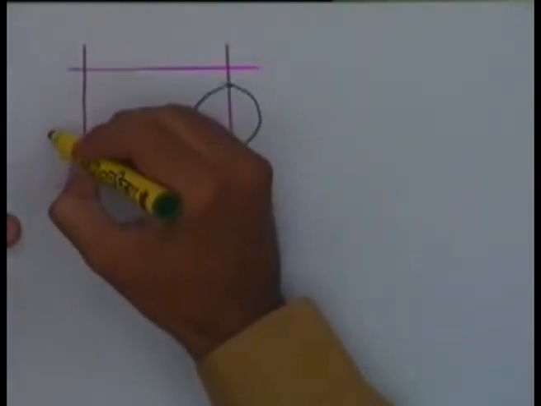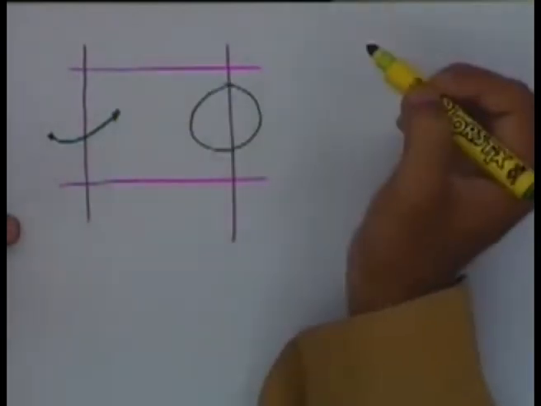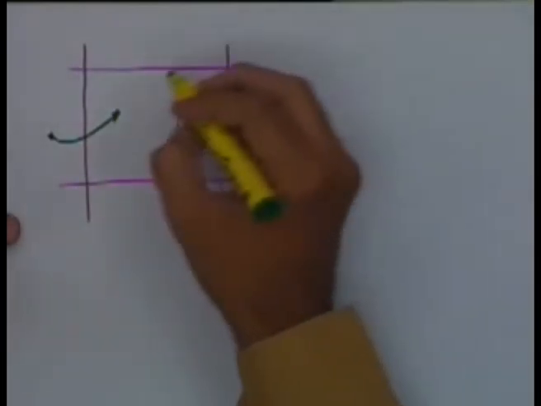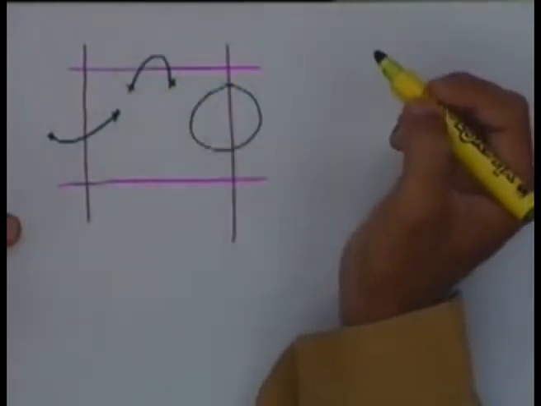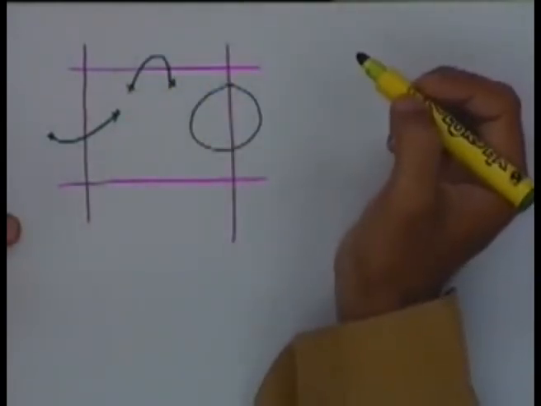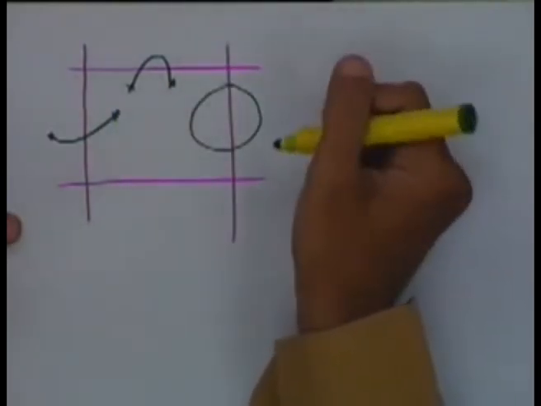Even if I take a simple arc like this, even though both the endpoints of the arc might be inside, a part of my curve can still be outside. The same algorithm will not work.